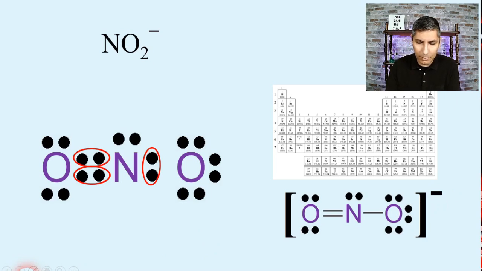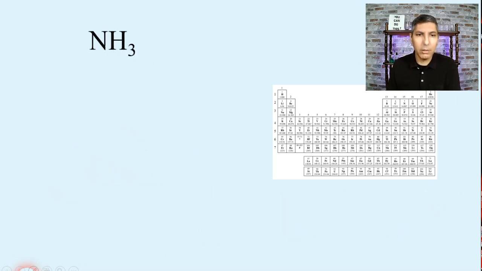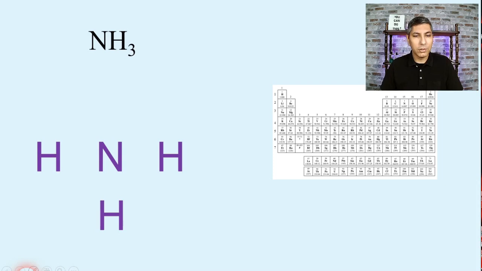Let's try one more example together here in this video. We'll take a look at the ammonia molecule, NH3. So we'll put nitrogen in the middle, and we have 3 hydrogens here. I'm going to arrange those around the nitrogen. So once again, we'll start with the outside and work our way in. The hydrogen is in group 1 right here, and the hydrogen has 1 valence electron apiece.